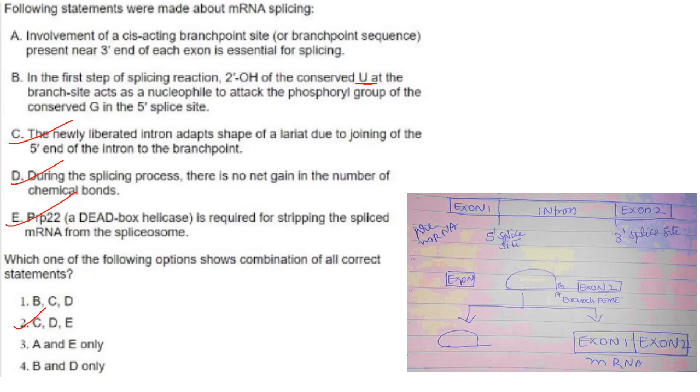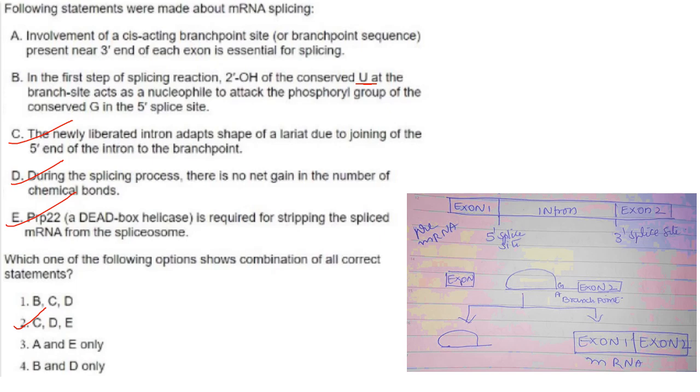Now the newly liberated intron adopts the shape of a lariat due to joining of the 5' end of the intron to the branch point. That is correct. During the splicing process, there is no net gain in the number of chemical bonds, because there are 2 trans-esterification reactions. First is the cleavage that takes place at the 5' splice site, and a lariat is formed by the attachment of the 5' end of the intron to the branch point.